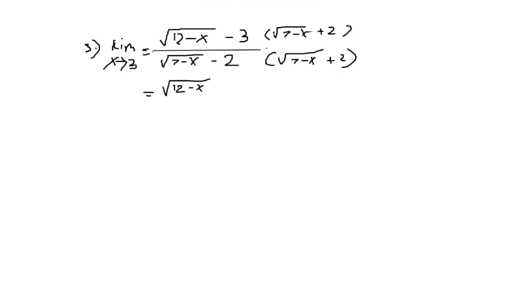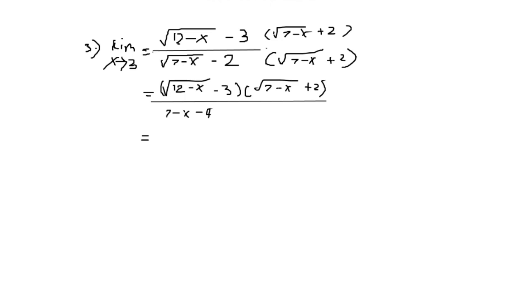So we're not going to distribute yung nasa taas. Okay, so we just got this. What we're going to do is distribute yung nasa baba. So we got 7 minus x minus 4.